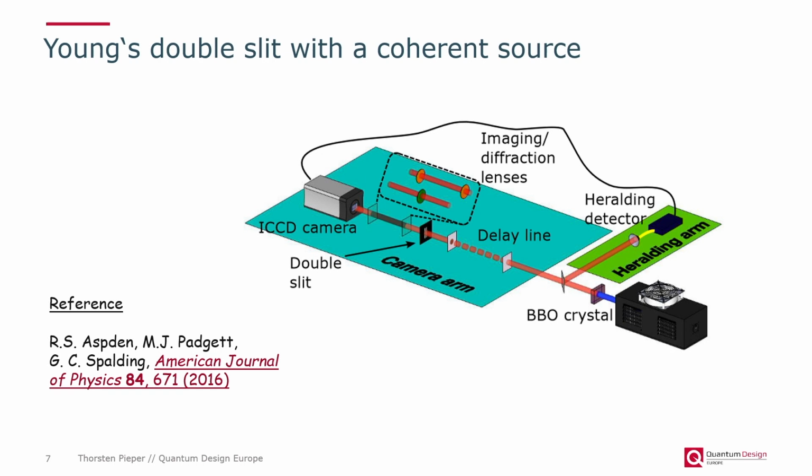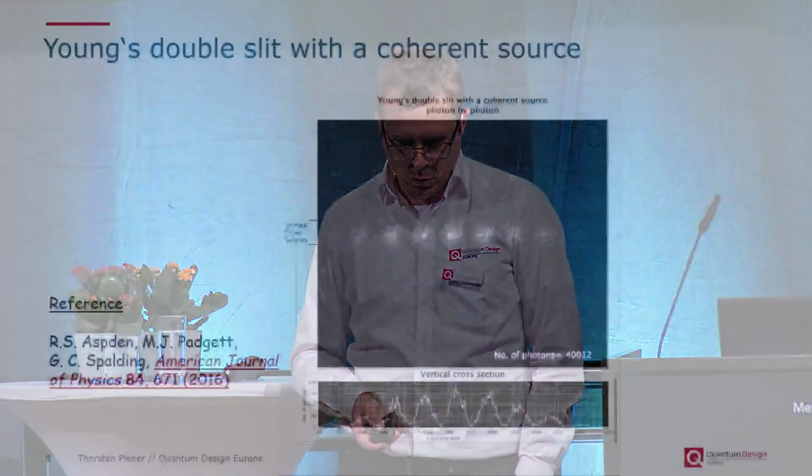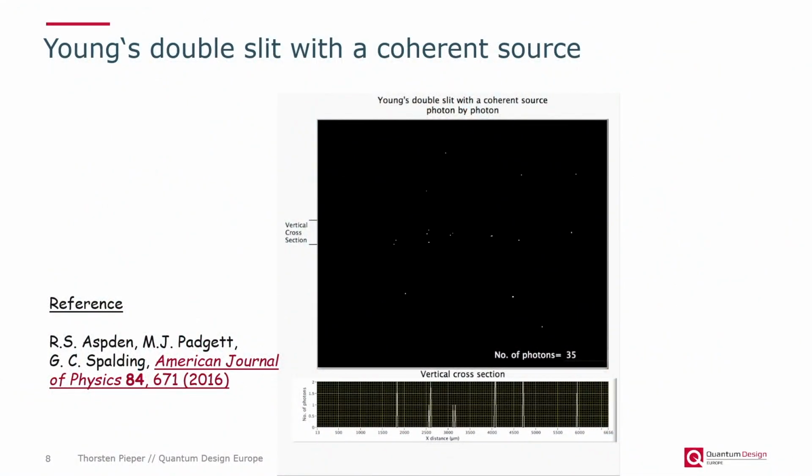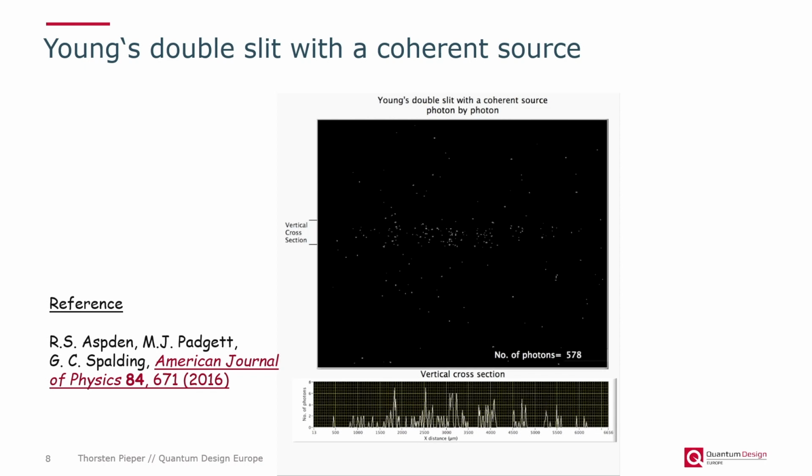Coherent means that single photons, a stream of single photons is detected rather than a wave of light. And in this video, we should see, yes, it does work, we should see the interference pattern slowly developing by detecting single photons. This will just take 10 seconds to see.